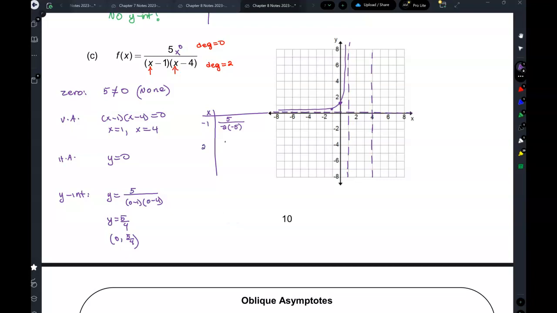Now let's plug in a 2. When you plug in 2, you get 5 over 2 minus 1, which is 1, times 2 minus 4, which is -3. So -5 over 3, so -1 2/3.